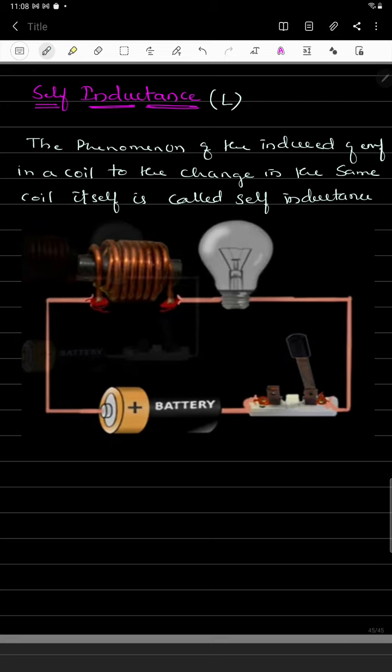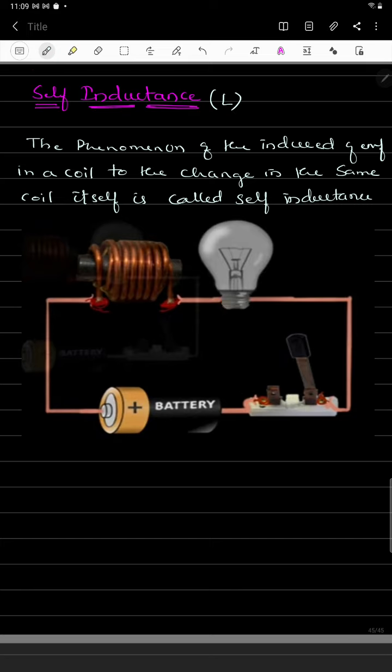We have used this animation, and I will take the picture of that animation here. We have used a battery connected to a cylindrical coil, one bulb, and a tap key, or you may call it any kind of key. This circuit is in series.